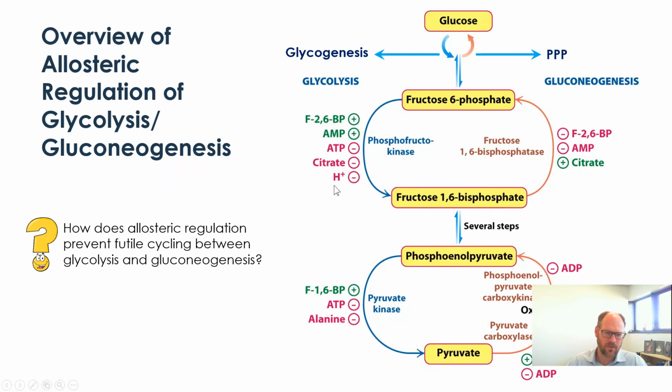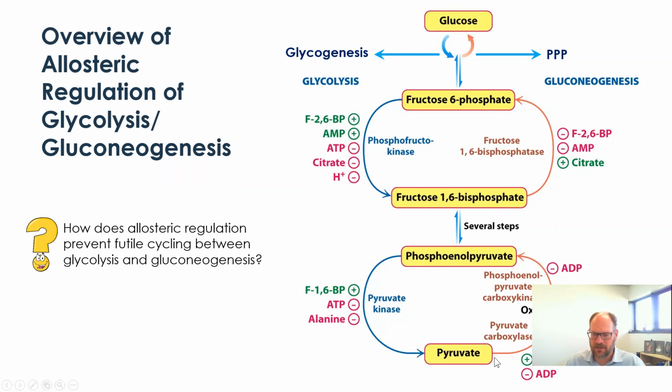And protons would be produced in the case of anaerobic metabolism. Similarly with pyruvate kinase, you have ATP inhibiting it, but also alanine, which is just one transamination away from pyruvate. So it's very similar to feedback inhibition from pyruvate.